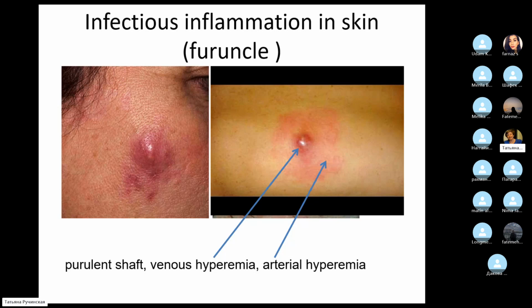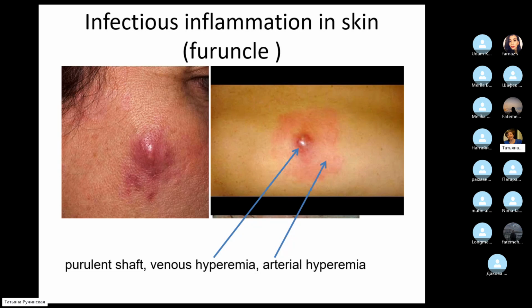This is the inflammation here in the skin. And what you see here, you see all these vessel reactions at one time.